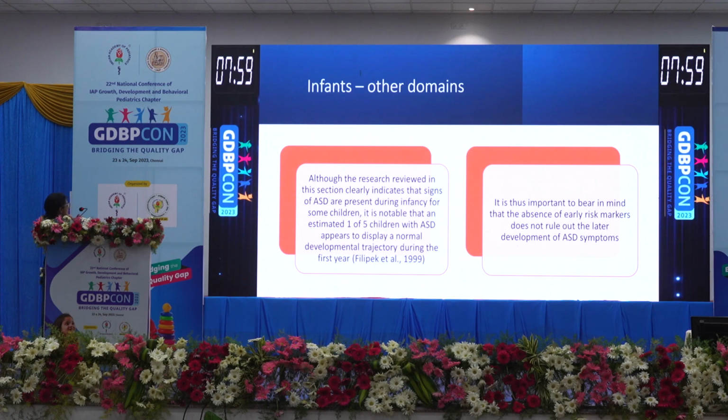Although research has shown that signs of ASD are present during infancy, that is the first 1 year, it is noted that 1 out of 5 children with ASD appeared to display a normal developmental trajectory during the first year. So it is important to bear in mind that the absence of early risk markers does not rule out the later development of ASD symptoms.